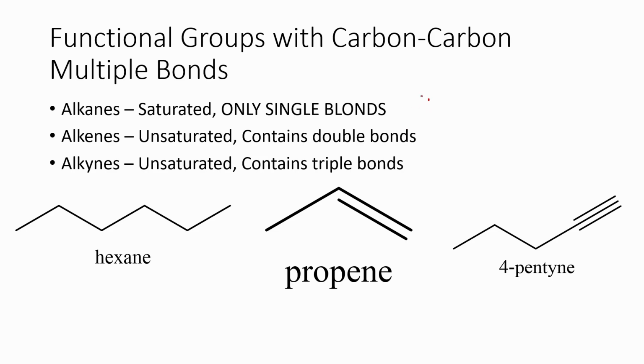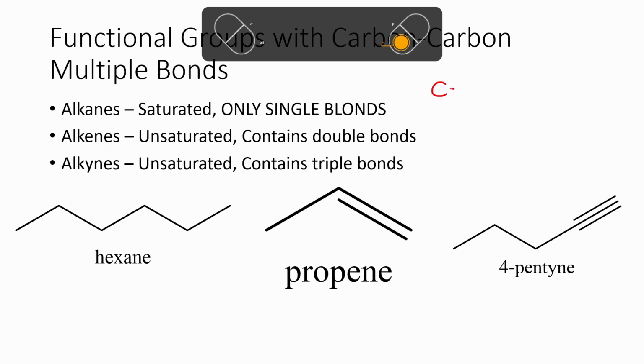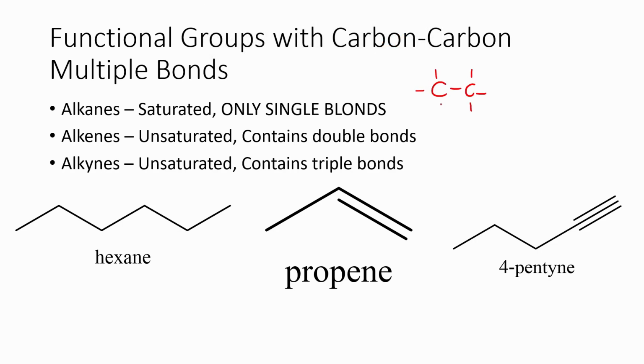So for hexane, or let's have ethane, it only contains single bonds. It is saturated.